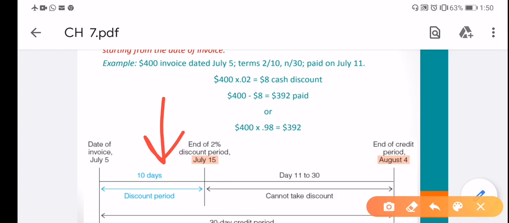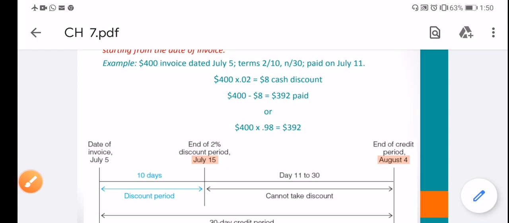We get the result of $8, which is the discount amount. So how much should you pay? Now it is 400 minus this discount amount, which is 392.